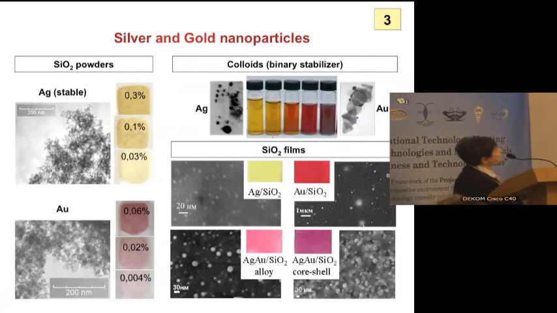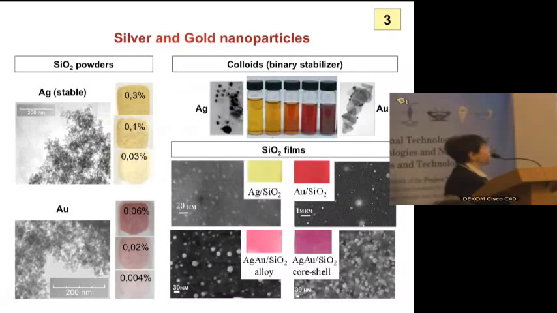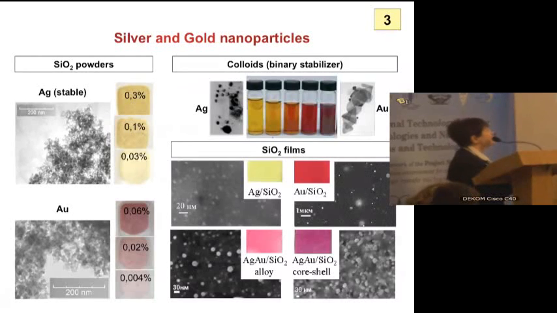The main achievement is that we elaborated a special stabilizer which prevents coagulation of nanoparticles, their growing, agglomeration and oxidation. It's the main point. Silver and copper nanoparticles are very easily oxidized.